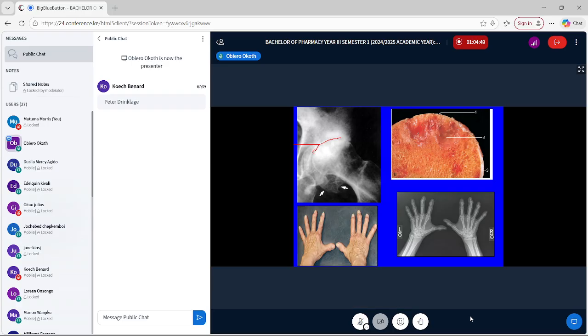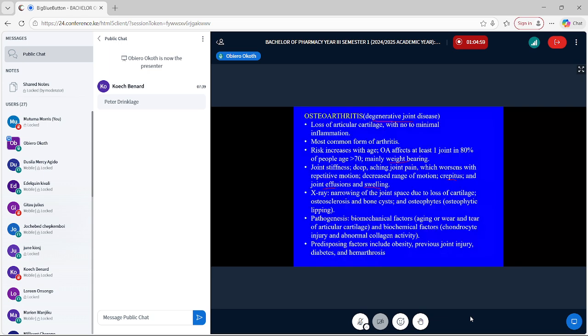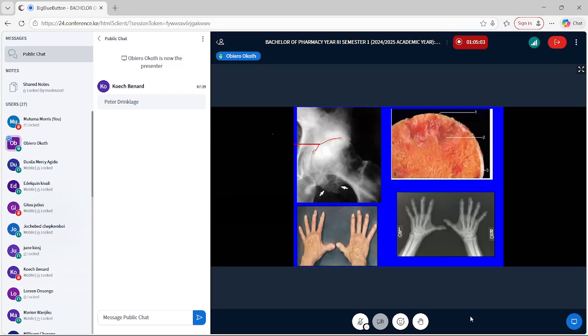You get what are called Heberden's nodes. These are knots. You get the knots because there's new bone being formed around those areas. And these new bones are what we call osteophytes. Okay? And here it has chipped down.